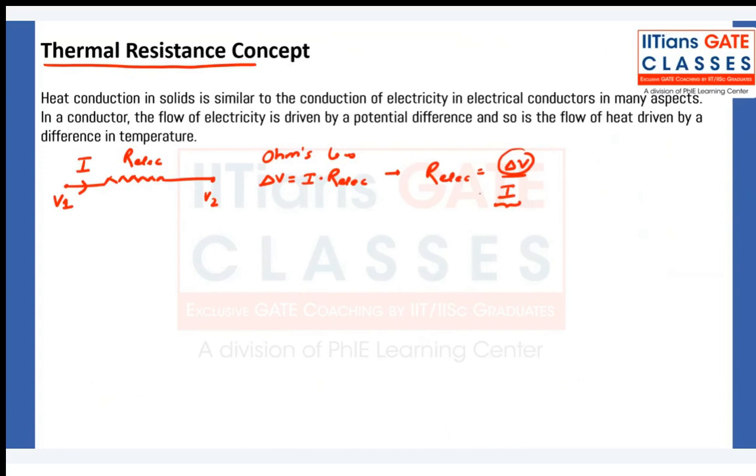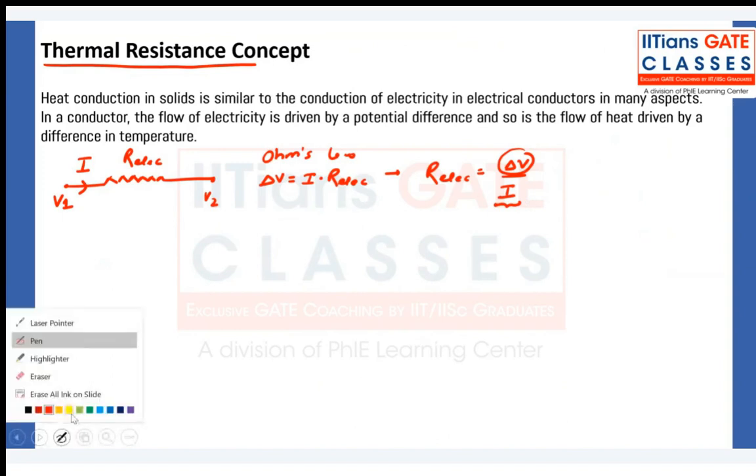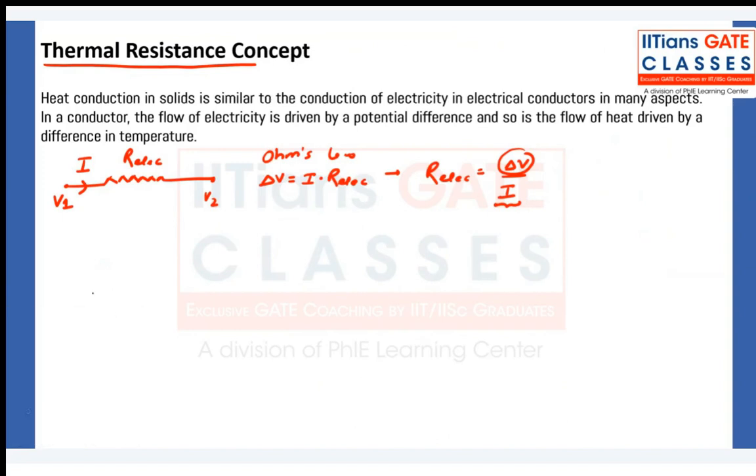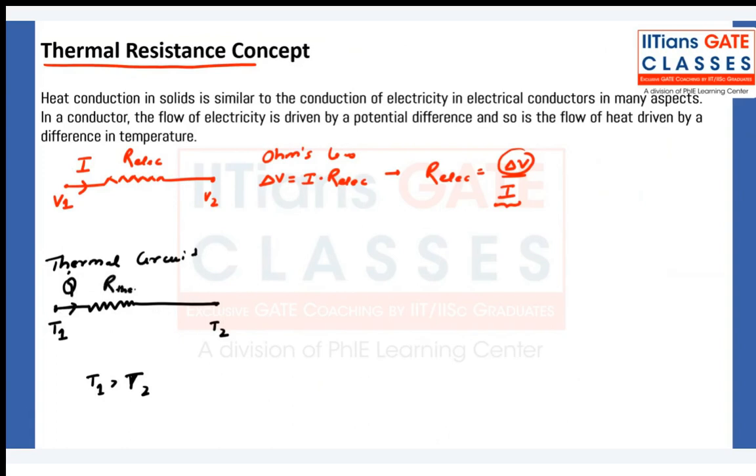Now, we can make a similar analogy in a thermal circuit. If you maintain a temperature difference at two ends, here we have T1, here we have T2, and T1 is greater than T2, so the direction of heat transfer will be like this, Q dot, and this is the thermal resistance.